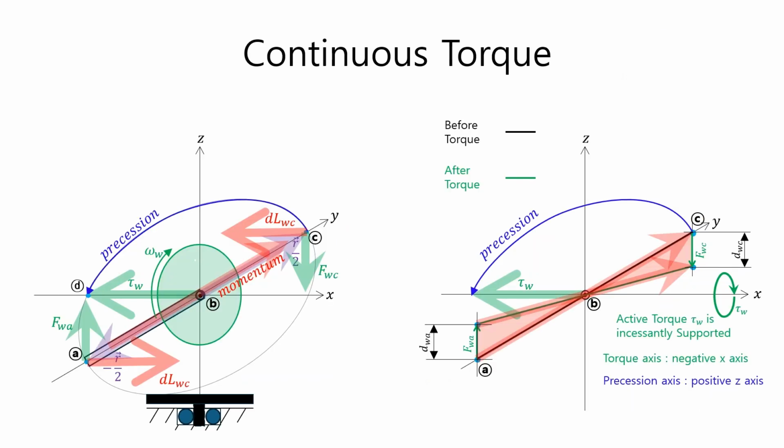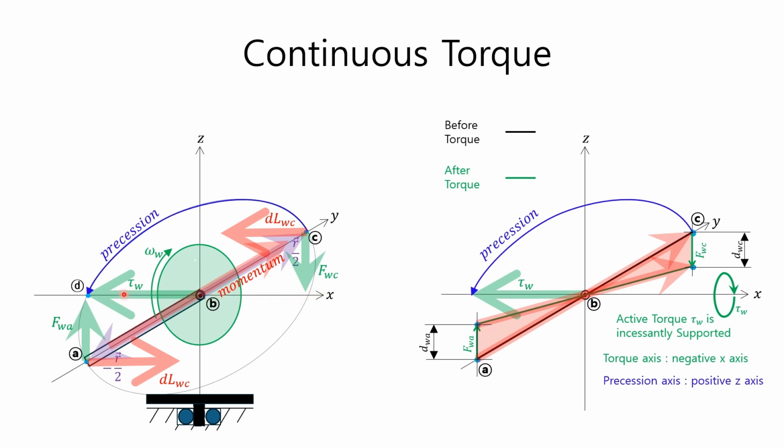Let's examine the precession motion of the gyroscope for the continuous torque again through the displacement of points A and C. As before, point A in the left figure represents the right hand and point C represents the left hand position. If we continue to lower the left hand with the force F_WC and raise the right hand with the force F_WA, the reference axis of the continuous torque tau_W that occurs at this time coincides with the negative x-axis.